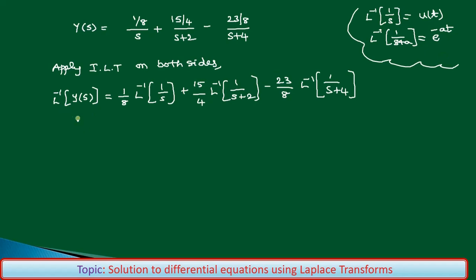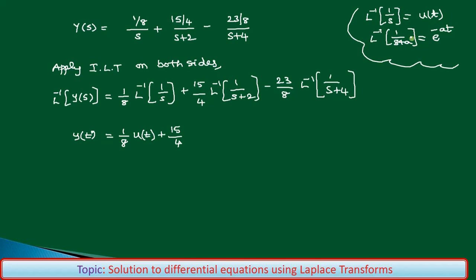Now the Laplace inverse of Y(s) is y(t), which gives the time domain signal: 1 by 8 u(t) plus 15 by 4 Laplace inverse of 1 by (s + 2).